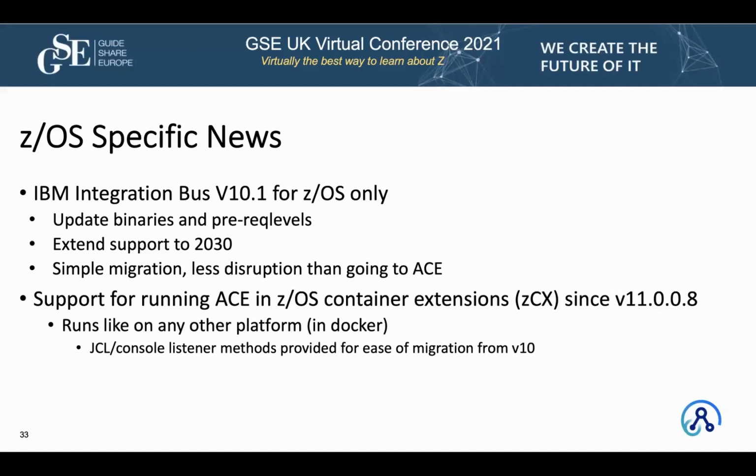So moving to version 11 would be quite disruptive. So we've tried to provide a way to make it less disruptive. You can still use JCL and console commands to control your integration servers and your message flows, but you're actually running version 11. But first I need to tell you about zCX, sorry.